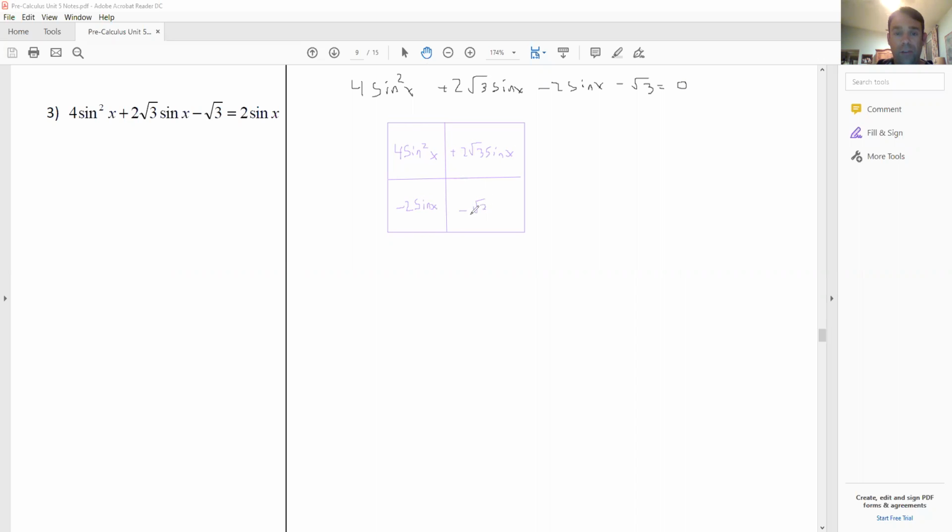So we're just going to factor this out here, see what we can come up with here. Looks like I got a positive root 3 here, and that makes this a -1. So that'd be a 2 sine x here, and a 2 sine x here.